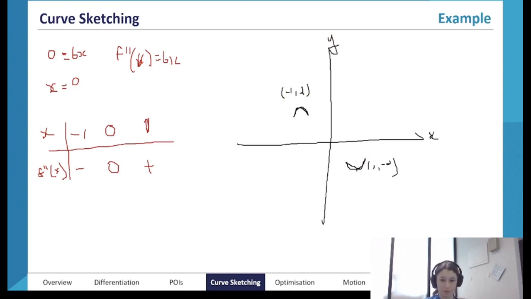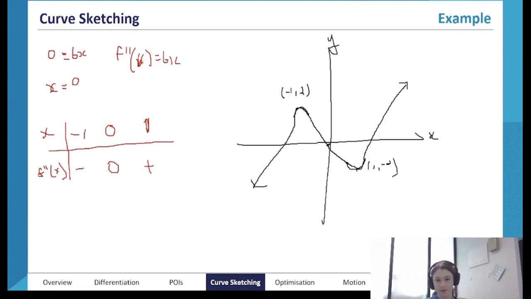So kind of drawing the rest of this out. This is what we get. And I apologize for the messiness. And this kind of corroborates that we have our point of inflection here at 0.